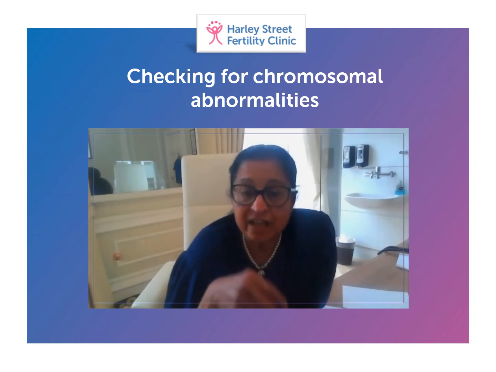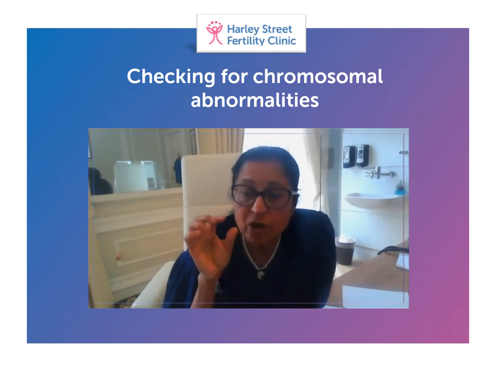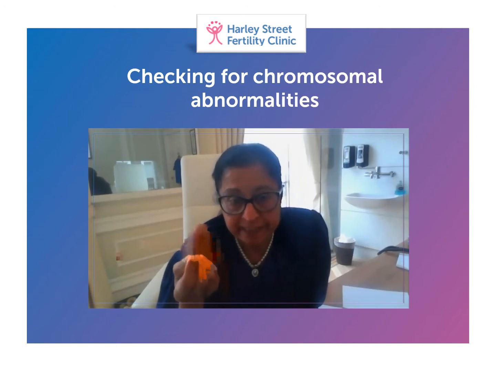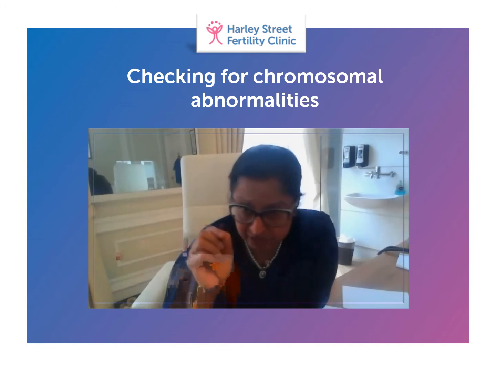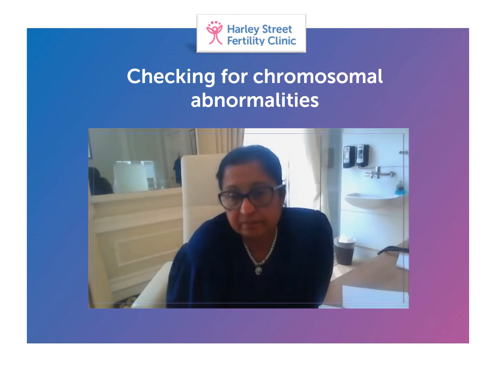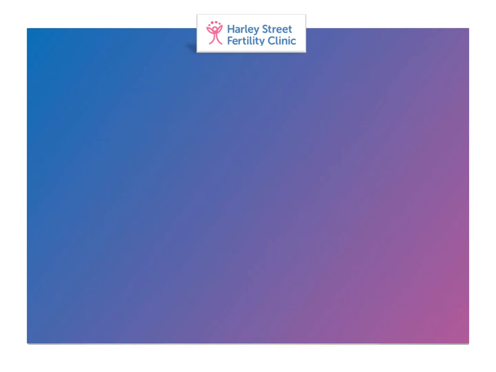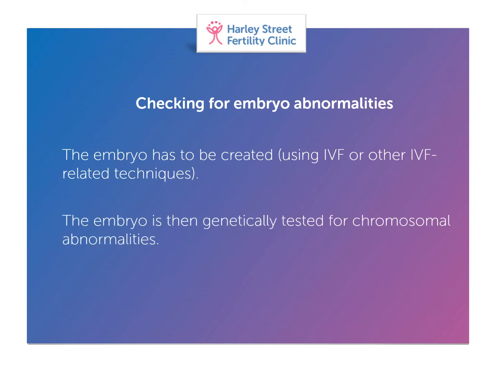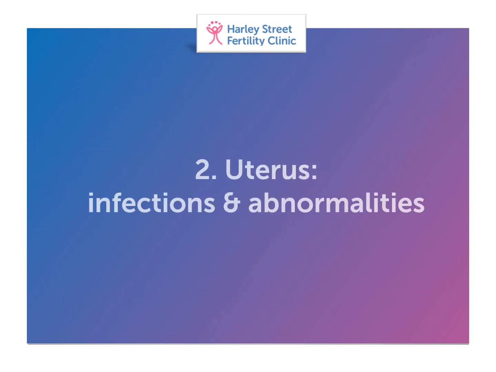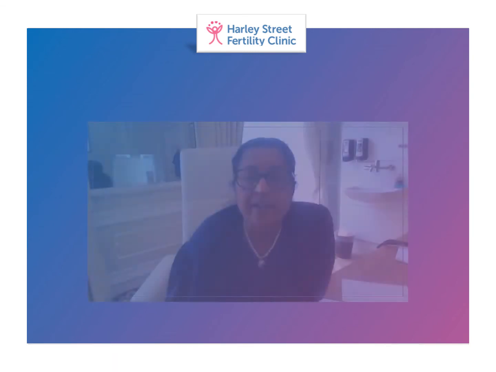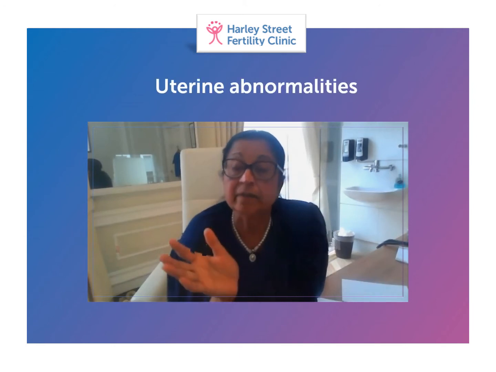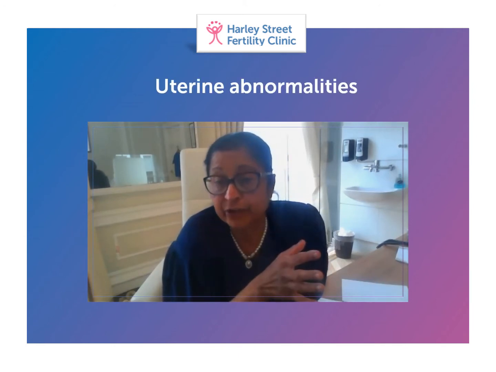And if we transfer a chromosomally normal embryo, then the woman is likely to get pregnant with a healthy baby and not miscarry. So this is part of the embryo issue I told you.